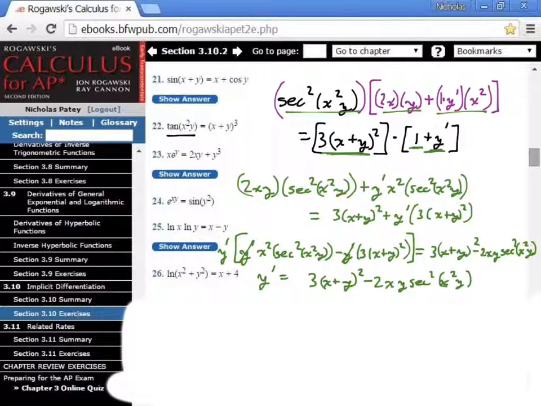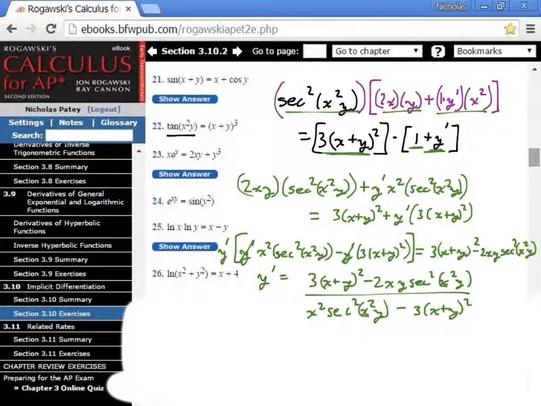And then dividing that by x squared times secant squared x squared y, then minus the rest of this, so it's going to be 3 times x plus y squared.